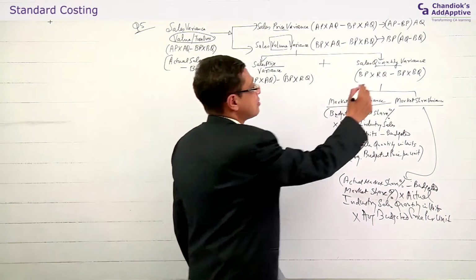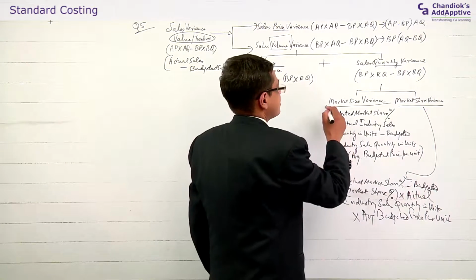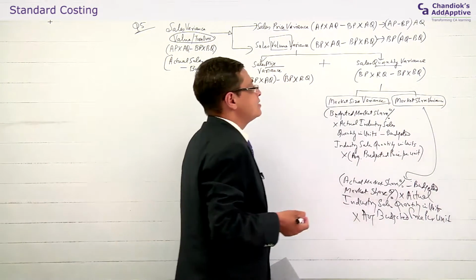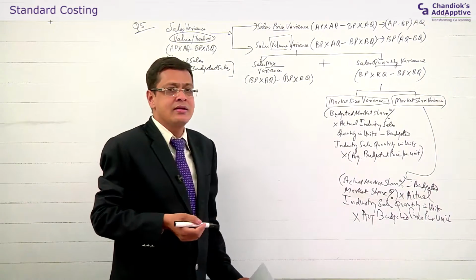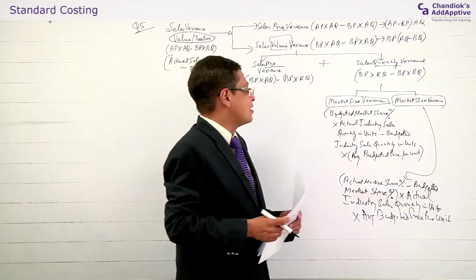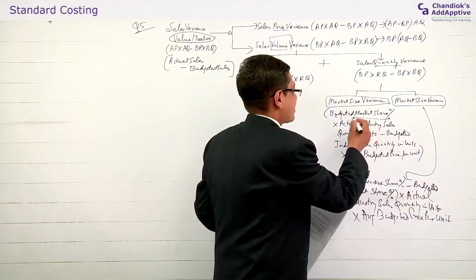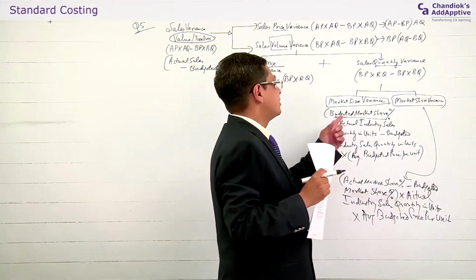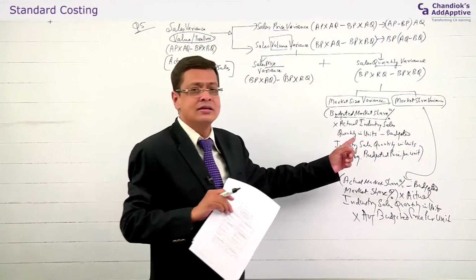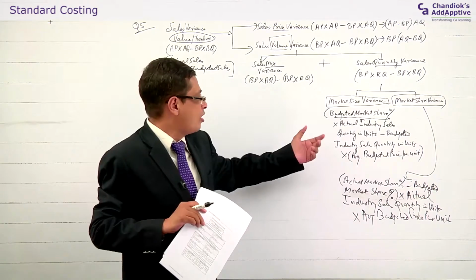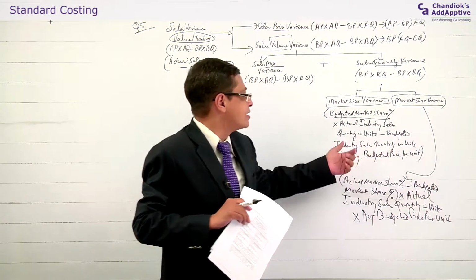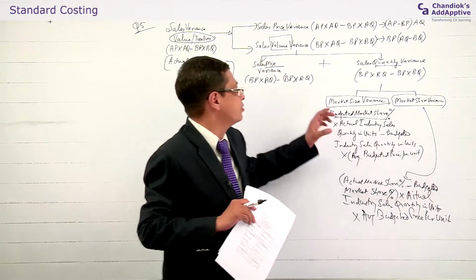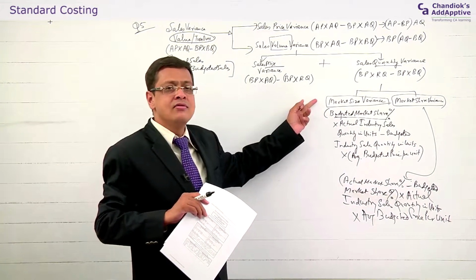Likewise, this sales quantity variance is composed of two things. First is market size variance and market share variance. Market size variance says what percent of market from budgeted perspective is there with respect to actual industry sales quantity in units. From that, if you take away budgeted industry sales quantity into average budgeted price per unit, you have market size variance.